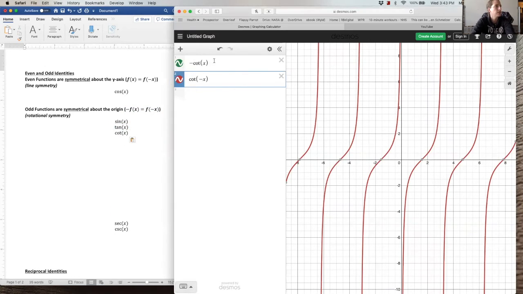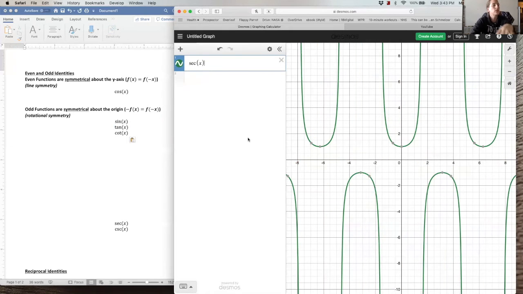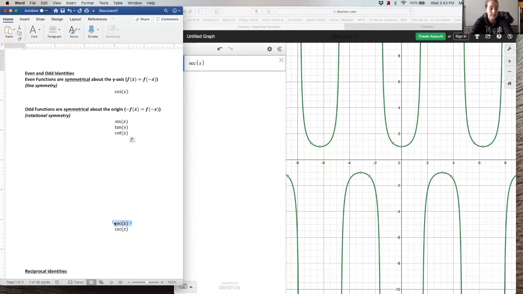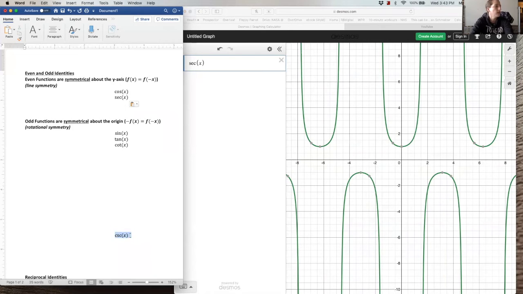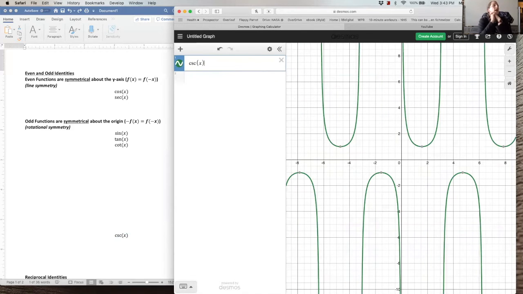All right, let's check secant. Looking at secant, y-axis symmetry. It sure looks like this is going to be symmetrical over the y-axis, so that makes secant even. And then cosecant. Let's check cosecant.